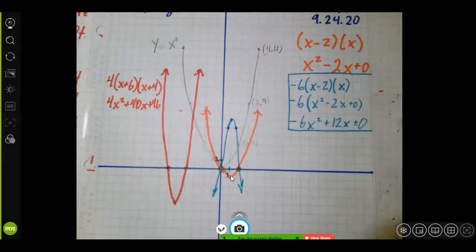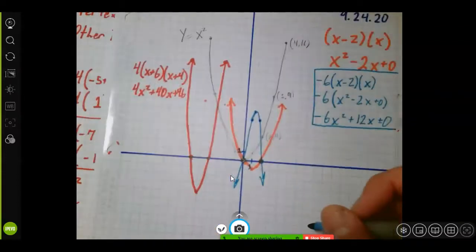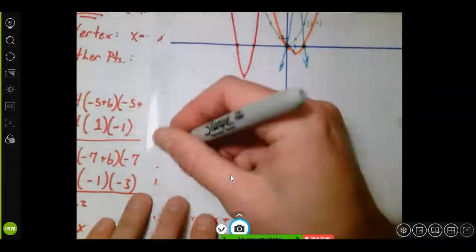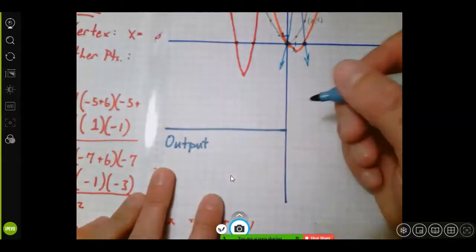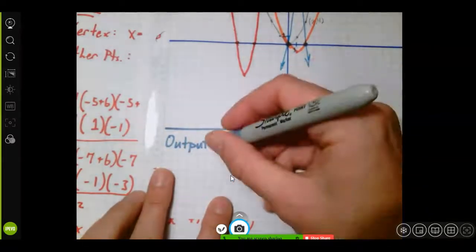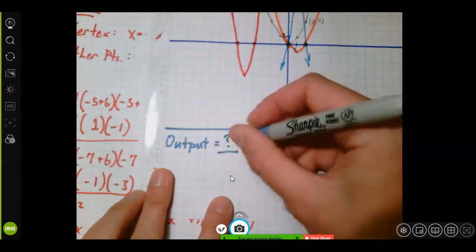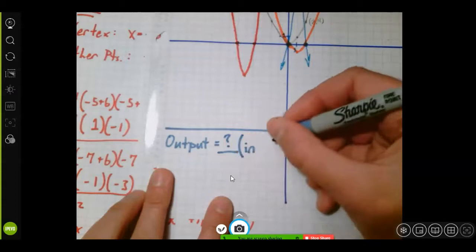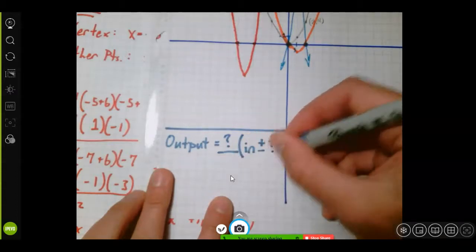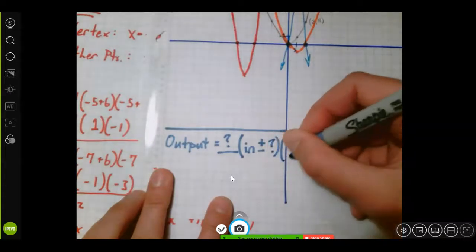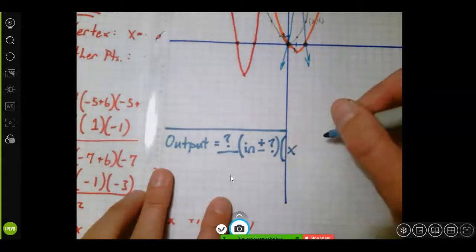What we're doing with all this parabolic work is we're saying that the output of the function, whatever we call it, y or g of x or whatever, is something times our input plus or minus something else, probably times another, sorry, I'm just going to make this x because I already started making the x.